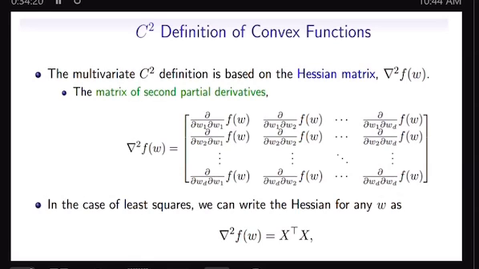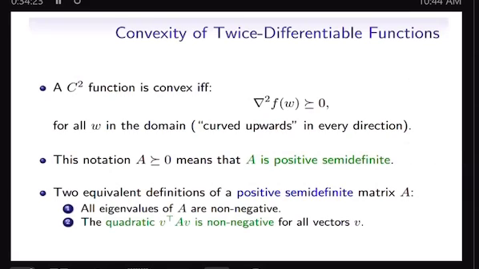Now, I want to move on. What is the condition that we're going to impose on C2? The second derivative should be greater or equal to 0 for convexity. Does that make sense? What we mean is that it should be curved everywhere.